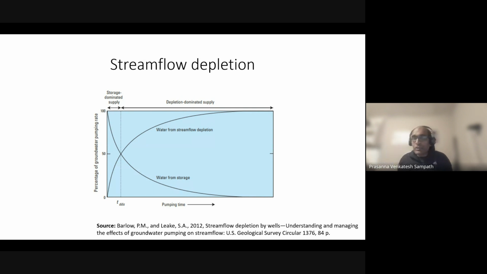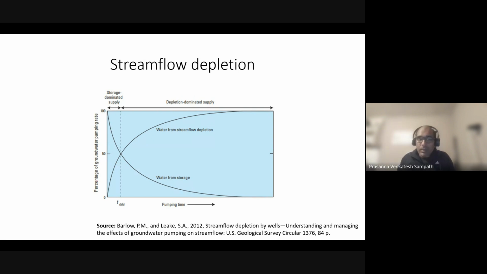So this is an indication of where the water is coming from to that particular well. There are two times that are marked on the top of the x-axis. One says storage dominated supply, that is until storage is 50% or more of the total pumping, and depletion dominated supply is the time after water from stream flow depletion exceeds 50%.